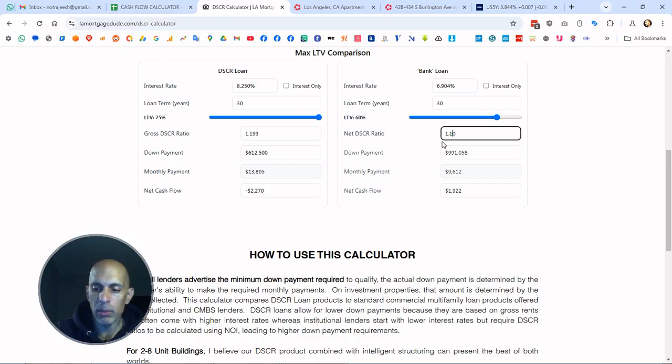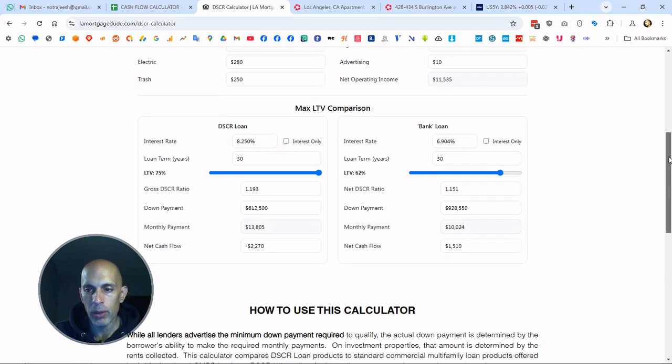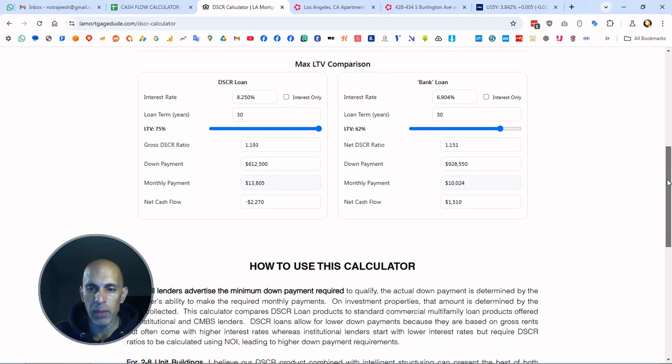So if I go 1.15 again, yeah, the higher interest rate means that you have to put down a bigger down payment just to hit these ratios, because the higher the down payment, the smaller the loan. The smaller the loan, the less the monthly payments.